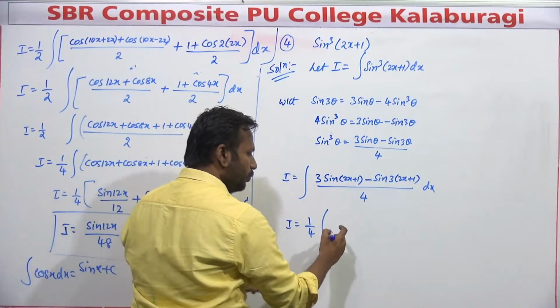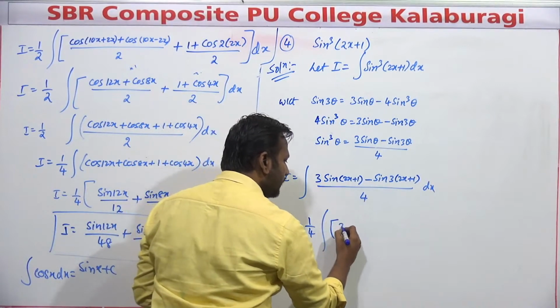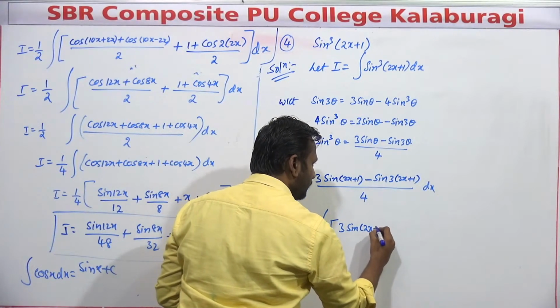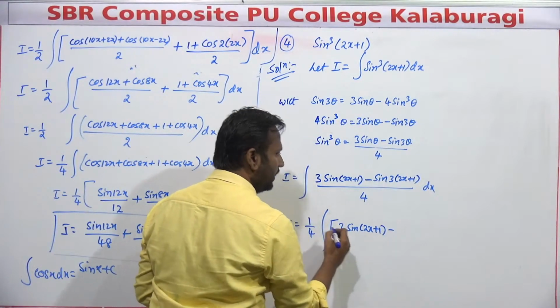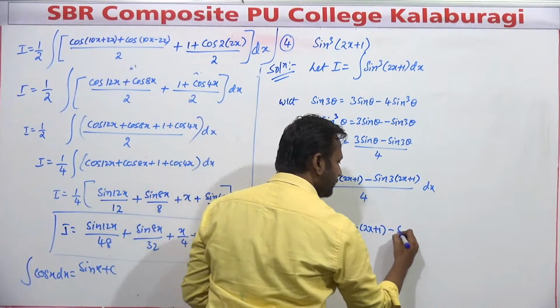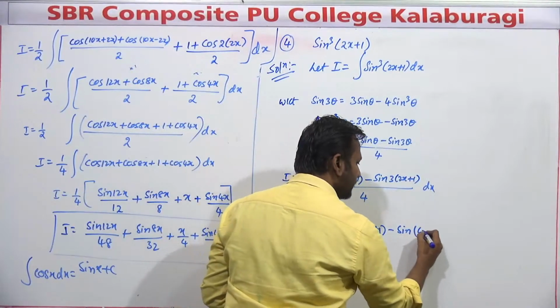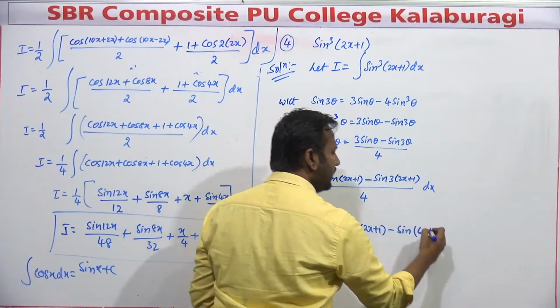What remains is 3 sine of 2x plus 1 minus sine, multiplying 3 inside the bracket: 3 2s are 6 plus 3 1s are 3.